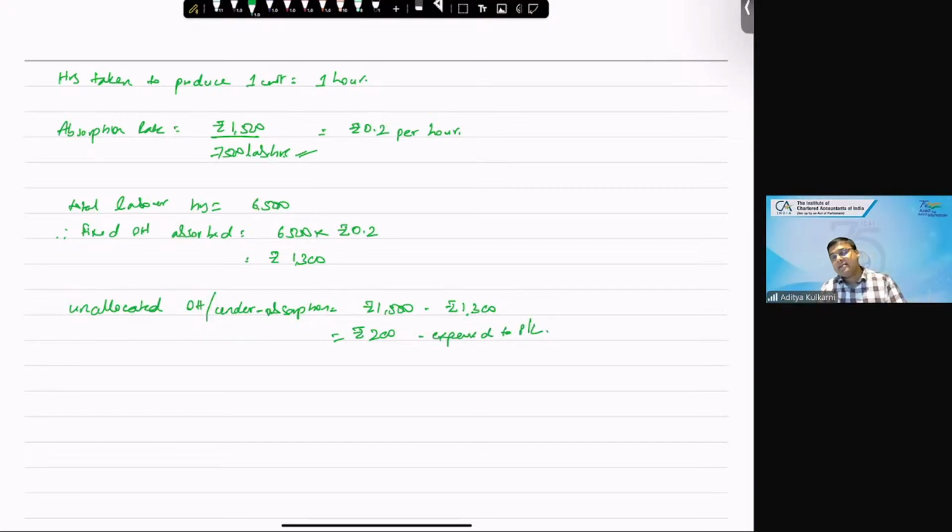See, the biggest thing that you have to understand is companies will always prefer to absorb overheads. Reason being, your margins will be correct, number one. Second, inventory costs will be a better representative. And third one is, they will not want to take these surprise hits to the P&L.